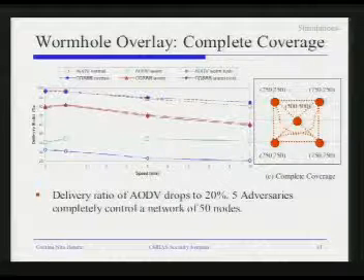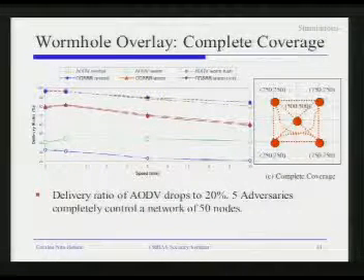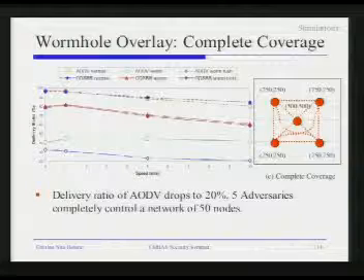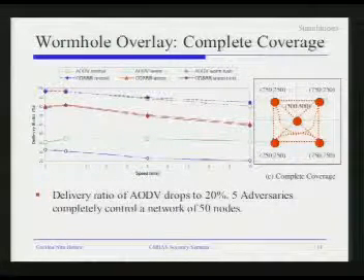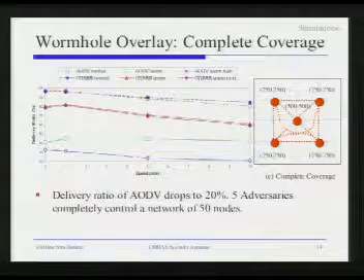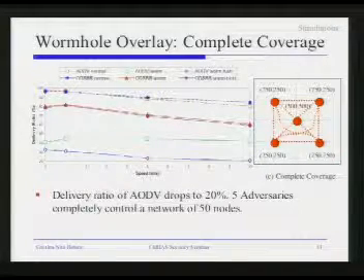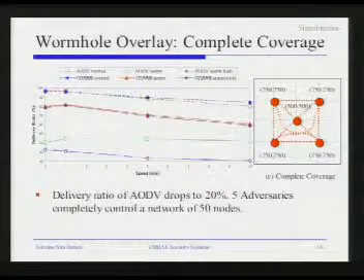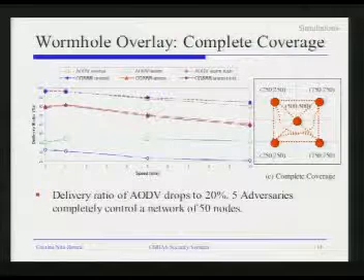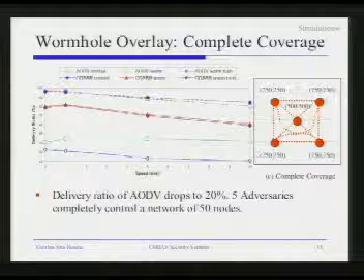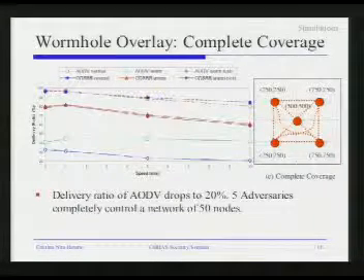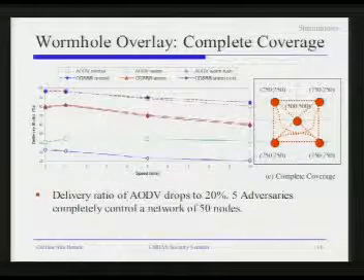So this is why we chose this particular configuration. The way that we chose it, given the area that we have and the transmission range of each individual node, this network basically covers all the communication that goes on in this area.